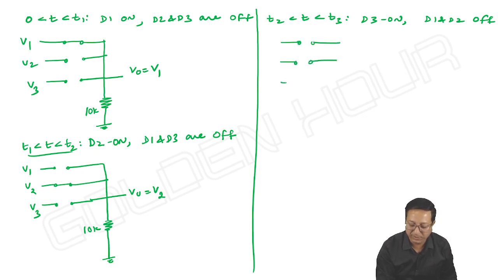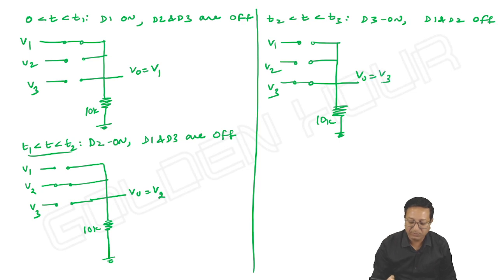Instead of D1 and D2, I'm writing open circuit, and instead of D3, short circuit. So V output is equal to V3.